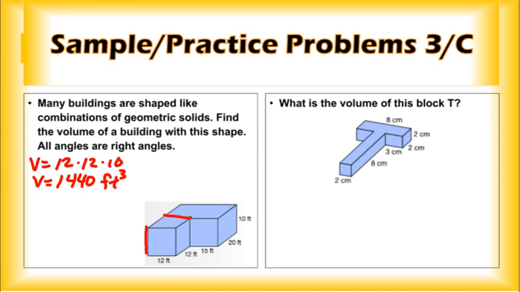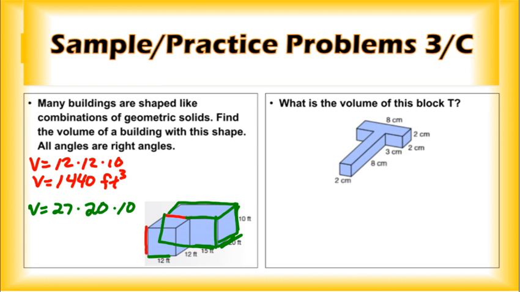And then we have this part. And that one we have 15 here plus a 12 here. So that would be 27 times this part, which is 20, times the height, which is 10.